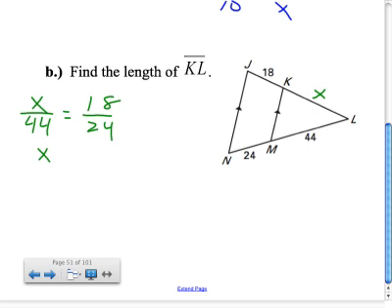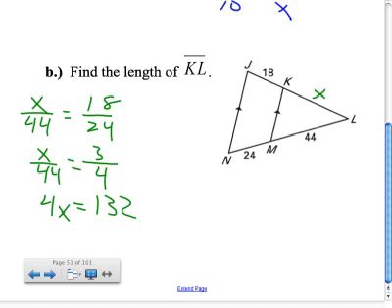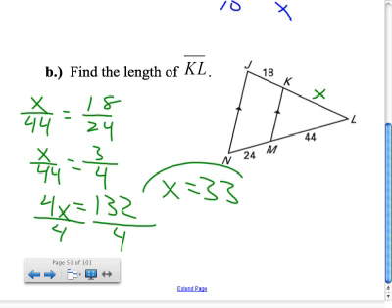In other words, X over 44 equals 3 over 4, since 6 goes into 18 three times and 6 goes into 24 four times. Completely up to you. You don't have to do that, but you can. Now when I cross multiply, I get 4x equals 44 times 3, which is 132. Divide both sides by 4, and x equals 33.